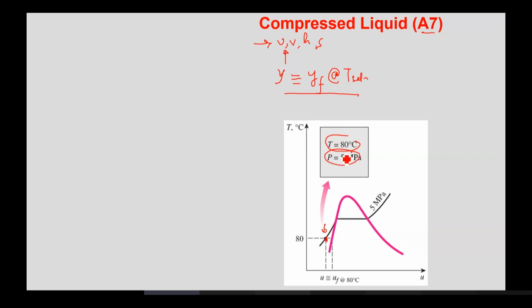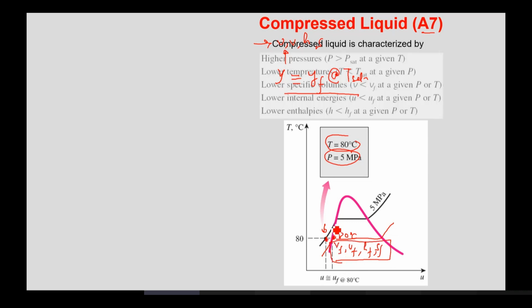So if your system is at 80 degrees centigrade, you will consider saturation temperature of 80 degrees centigrade, and you would read the vf property, uf property, hf or sf property as an approximation for this temperature.